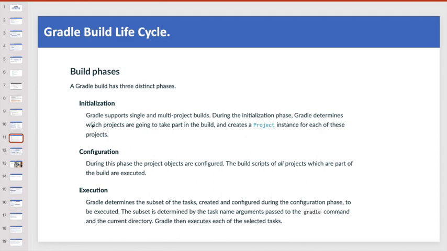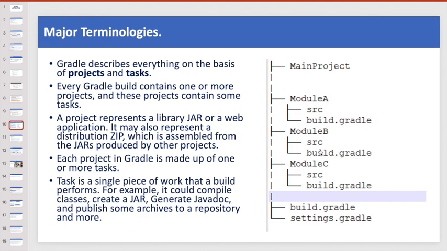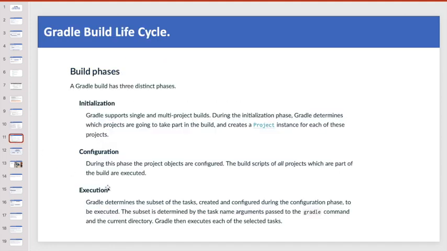Whatever you have configured in the settings will execute first, and whatever you have configured for each project, the common thing in the build.gradle, that executes second, and each task inside the build, that is the third phase, the execution phase. All three phases I will explain to you.